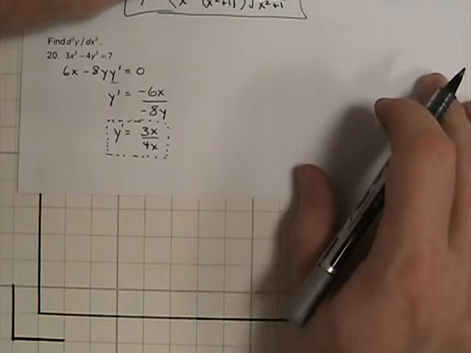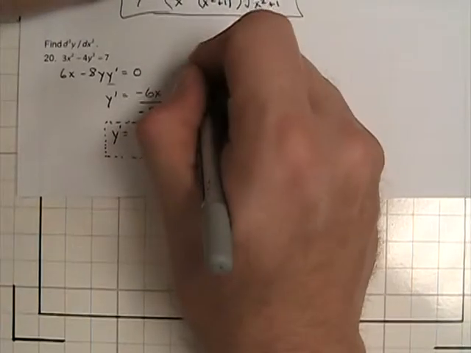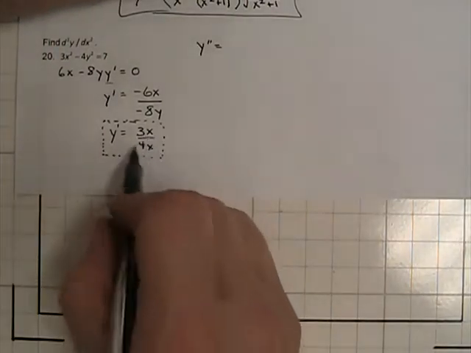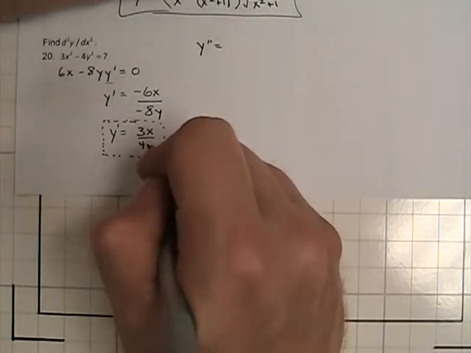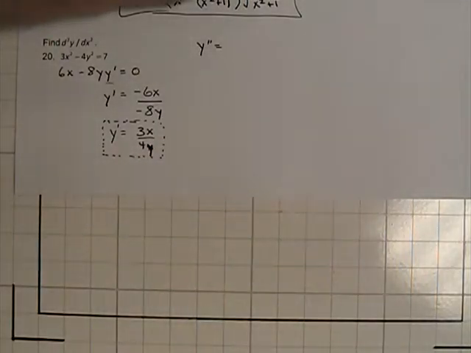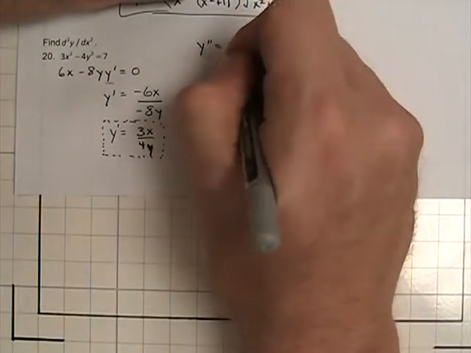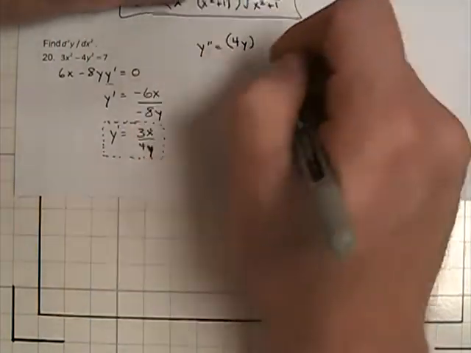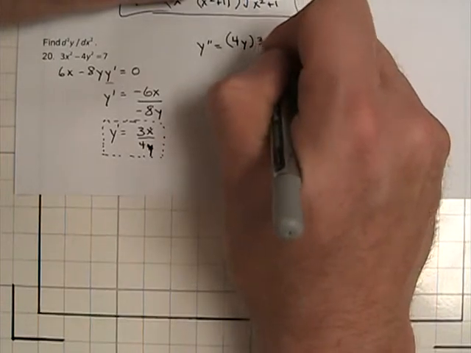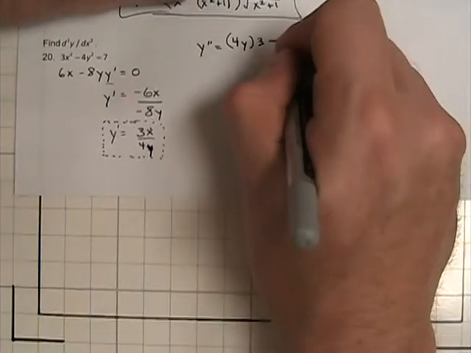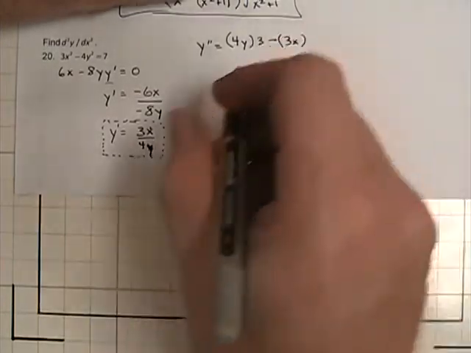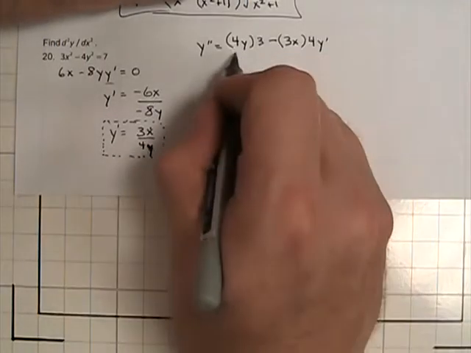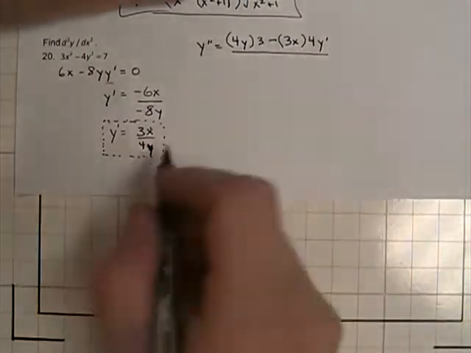Second derivative. We're going to start with our first derivative and just use the quotient rule. Oh, I changed my y kind of into an x there, make sure it looks like a y. So, low d high, derivative of the top is 3, minus high d low, just a 4, but don't forget the y prime, over low squared.